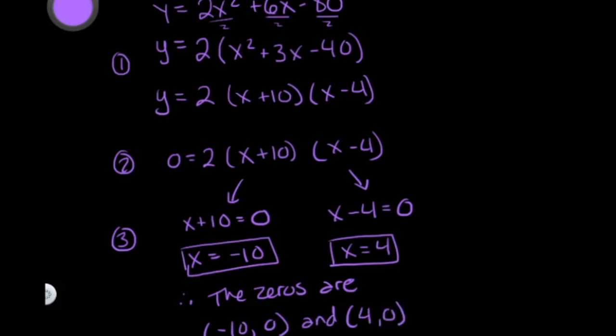Remember, I'm doing this because these are our x's, and the y is always going to be 0. So those are the 2 points where this parabola will pass the x-axis.